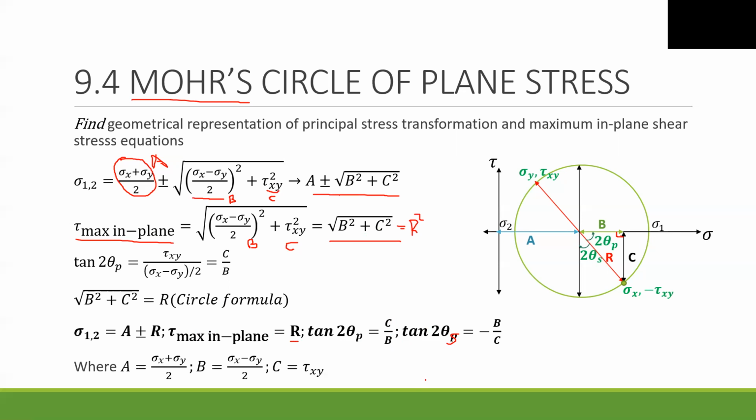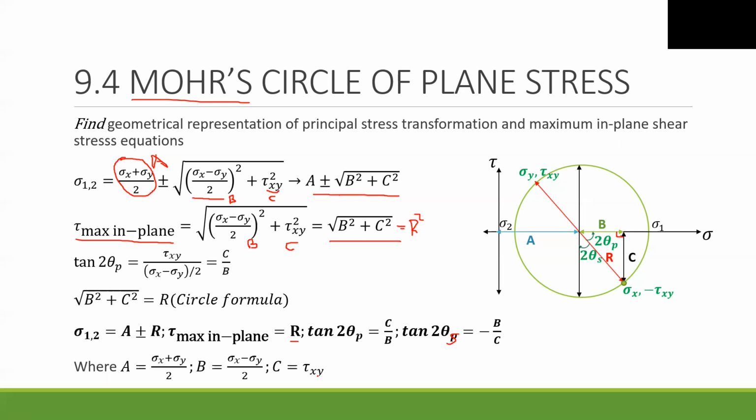Remember, A is equal to (sigma x plus sigma y) divided by 2, B is equal to (sigma x minus sigma y) divided by 2, and C is equal to tau xy. Maybe if I write these things, you can see this is a difficult thing, because we just symbolize the formulations. Why are we giving up using the direct equation?